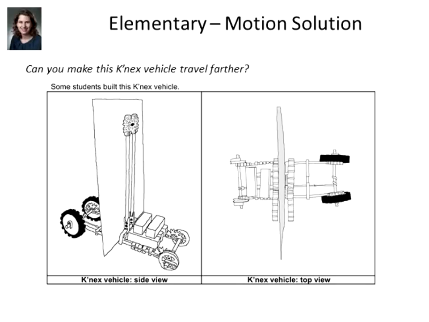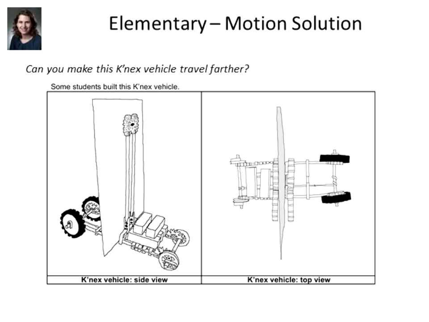So he's going to ask the kids this question: can you make this Connect vehicle travel farther? And he gives them these images here. Some students build this Connect vehicle, and he wants them to think about what they learned in all their own designs and investigations and apply that to this particular design.